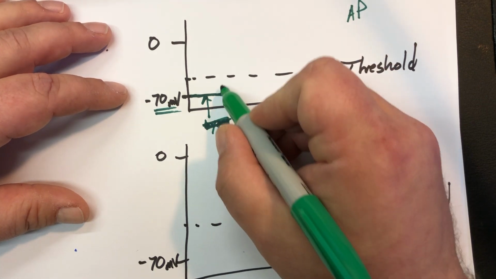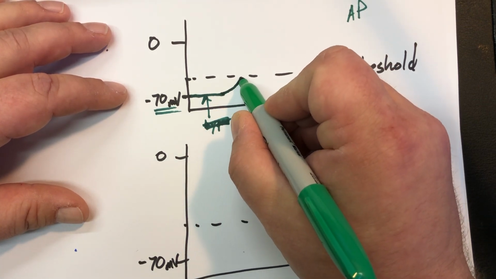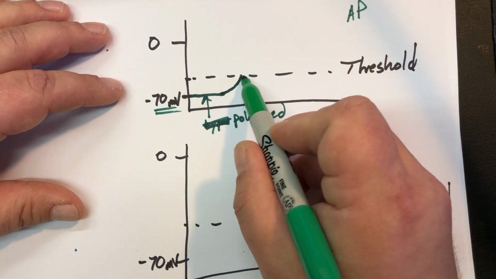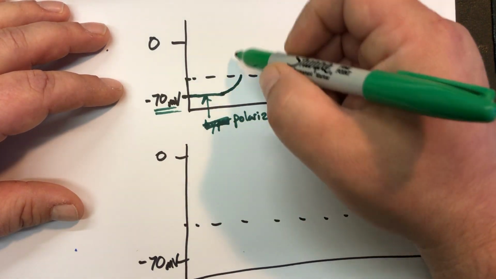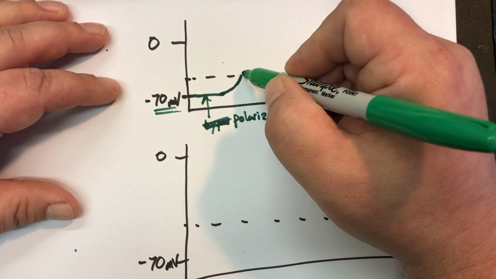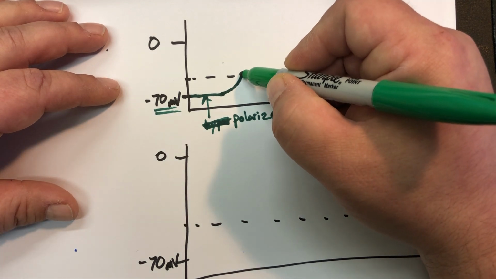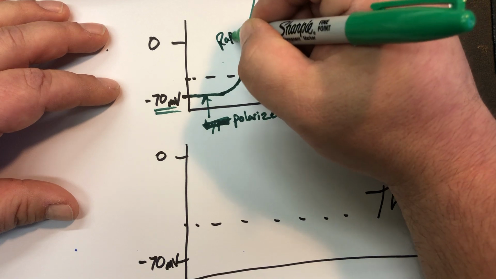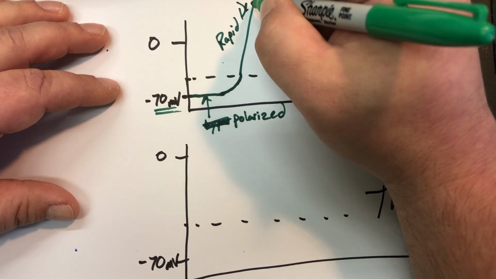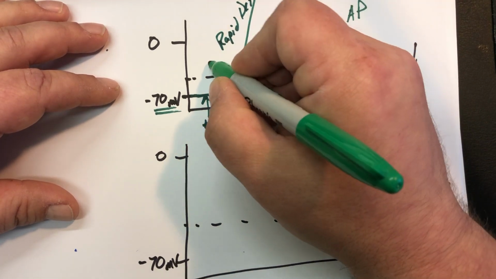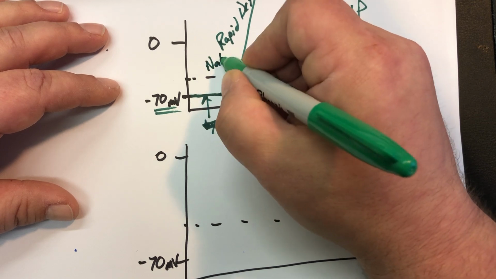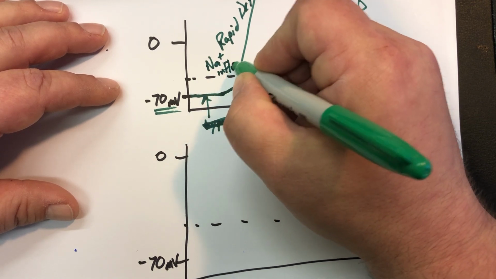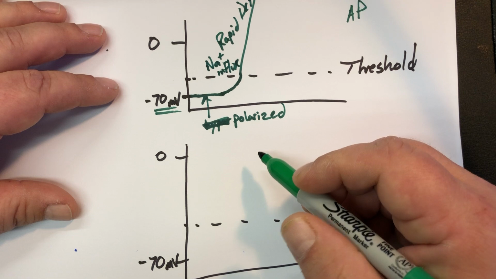And then we have to have some excitation that gets us to threshold. Once we get to threshold, this opens the sodium voltage dependent channels, and what we see is rapid depolarization, and that's because of sodium influx. Sodium rushing into the cell.